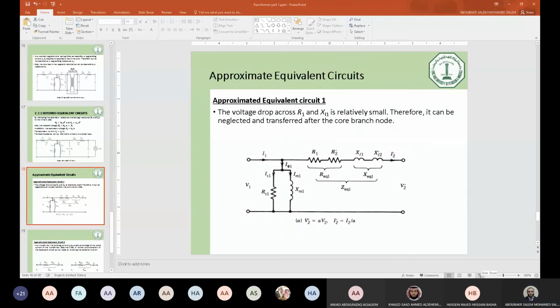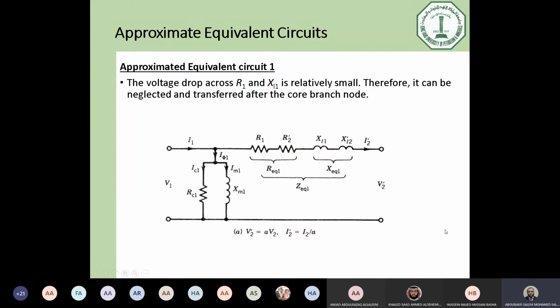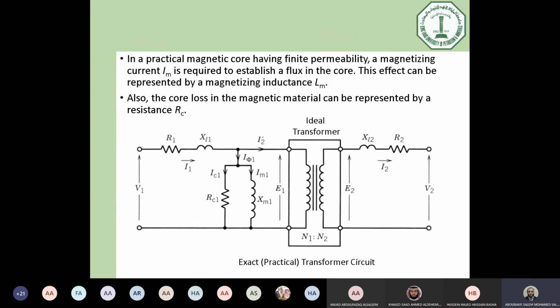Now, can we make some assumptions to simplify the solution of the problems? Simply, let's return back to the previous circuit here.